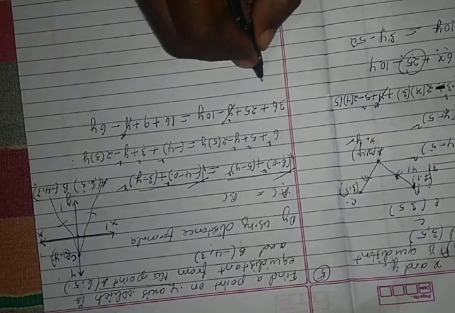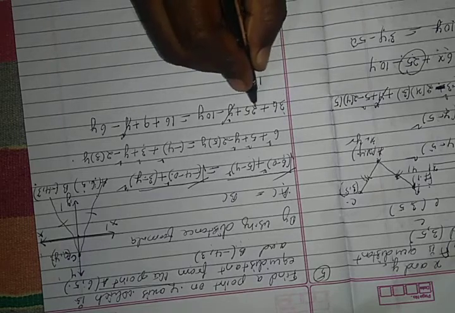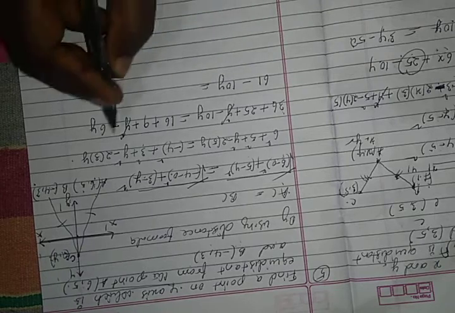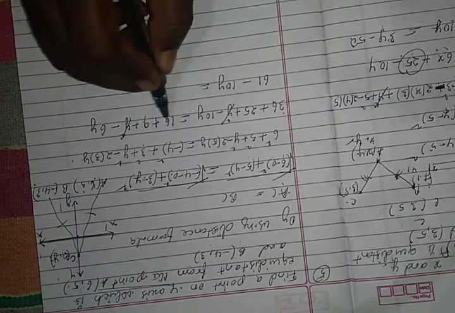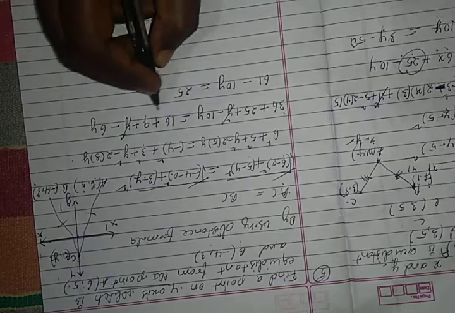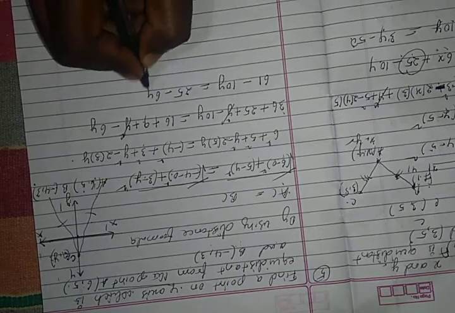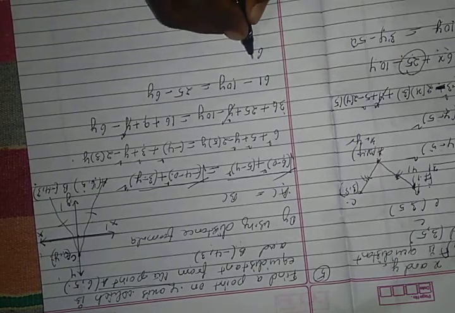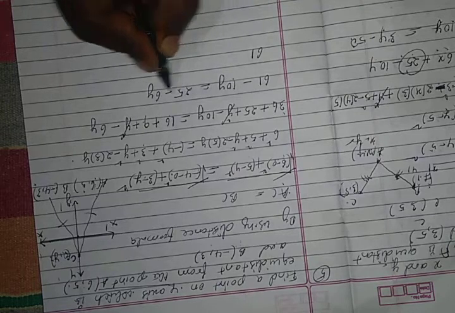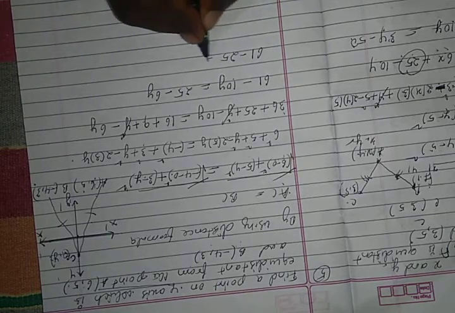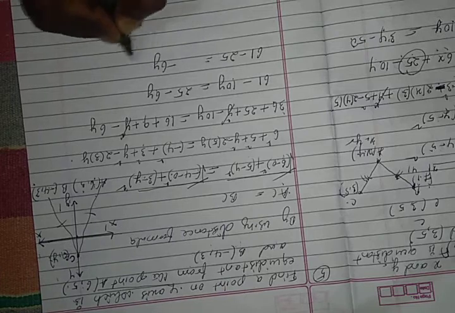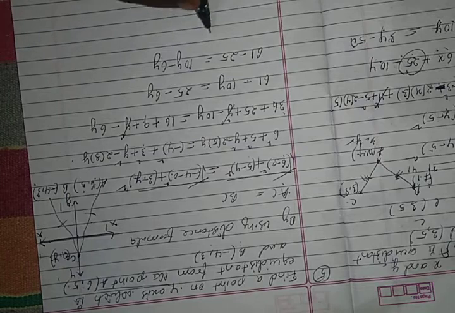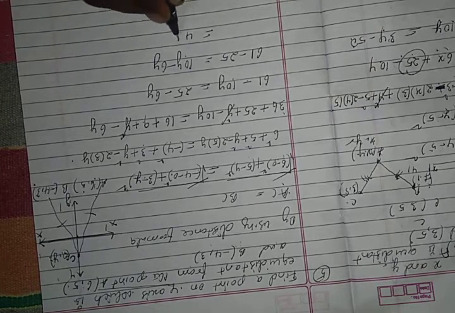Then 36 plus 25 is 61, minus 10y is equal to 16 plus 9 is 25 minus 6y. So minus 10y goes to the right side, it becomes plus 10y, and 25 goes to the left side, it becomes minus 25. Then 10y minus 6y is 4y.